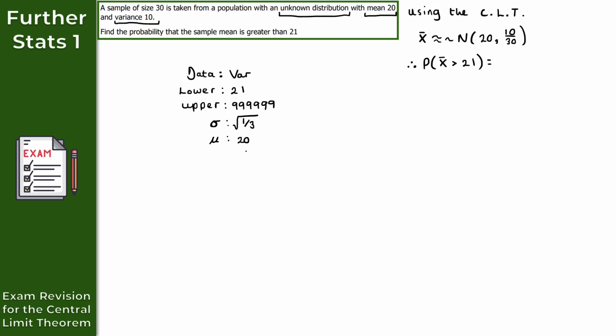So if I input those as well, the square root of 1 over 3, and then 20 then for mu, input those, and what I get here then, if we do this correctly, so the probability that the sample mean x bar is greater than 21, this is equal then to 0.0416 there. Okay, that's 3 significant figures there, and that gives us the solution to question 1.